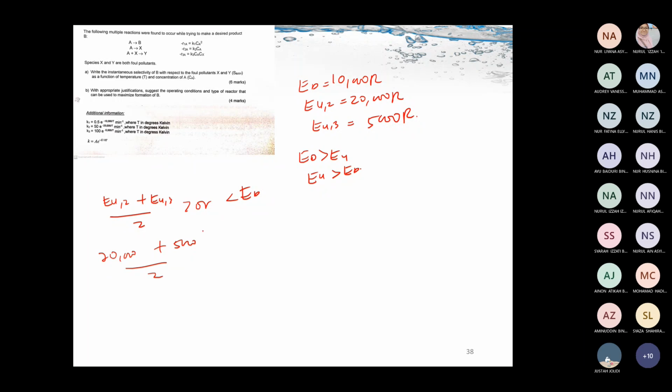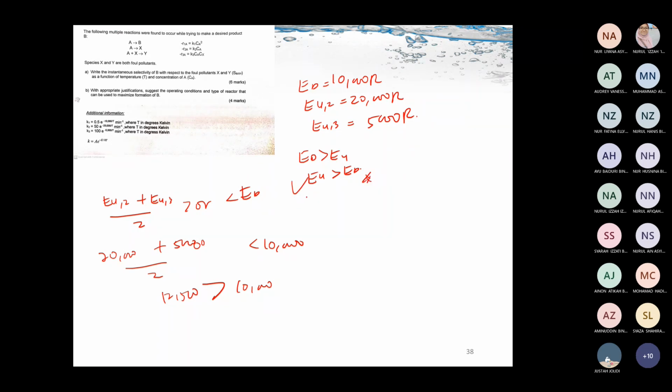sampai kita sebenarnya tak determine lagi sama ada dia lebih atau ni. Tengok pula dekat sini, ED dia adalah dalam 10,000. So 20 campur 5,000 adalah 12,500. Means sekarang 12,500 dah lebih daripada 10,000. Sekarang ni case dia adalah case number 2. This one.